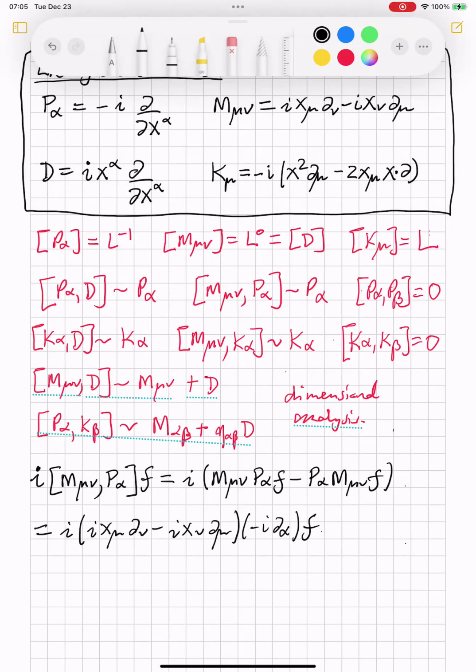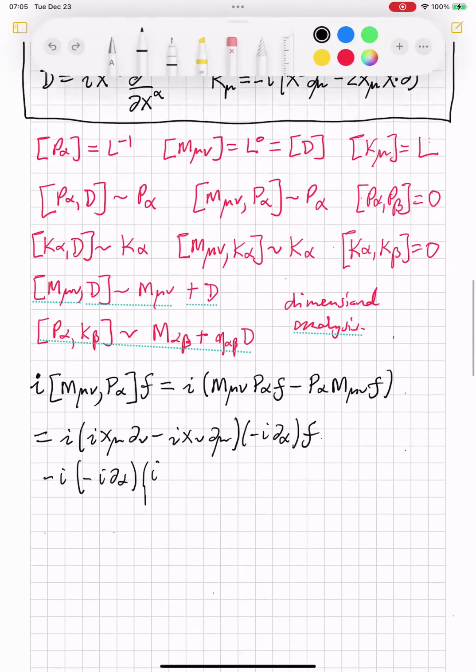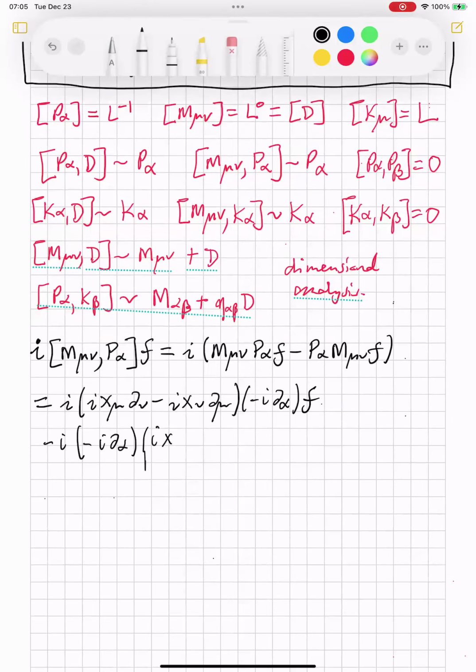And then we will have a minus i, and now we have first the d alpha and then the i x mu d mu minus i x mu d mu acting on the f.